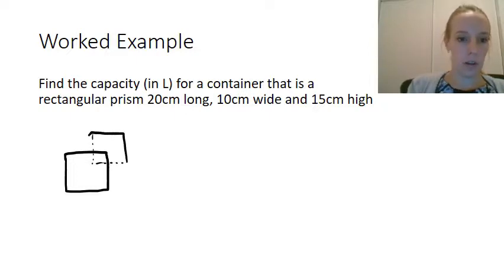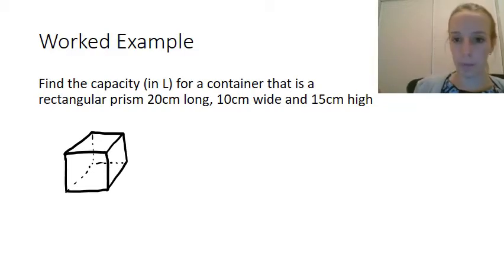Using a ruler, hopefully yours will look a little bit better than mine, but we get the point. That's my rectangular prism. So we know that it's 15 centimetres high, 10 centimetres wide, 20 centimetres long.